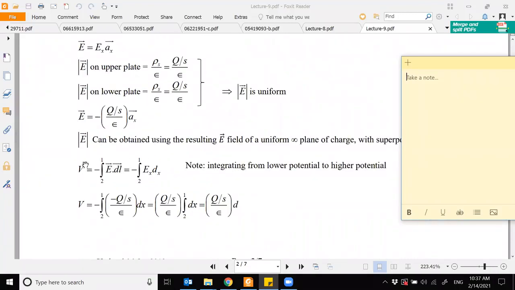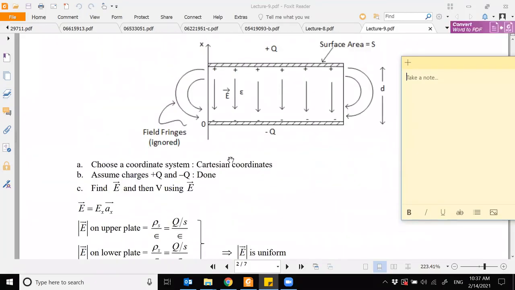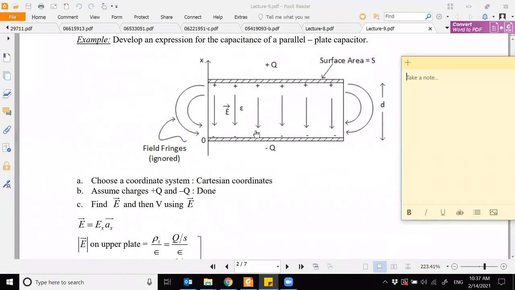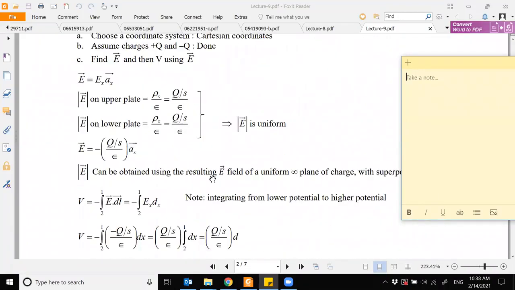Then the potential difference will be minus integral 2 to 1 of E bar dot dL bar, which is minus integral 2 to 1 of E bar dot dL, because our electric field has only one component. So therefore this will reduce to only Ex. And what will be my dL here? dL will only have x, dx. Only dx.